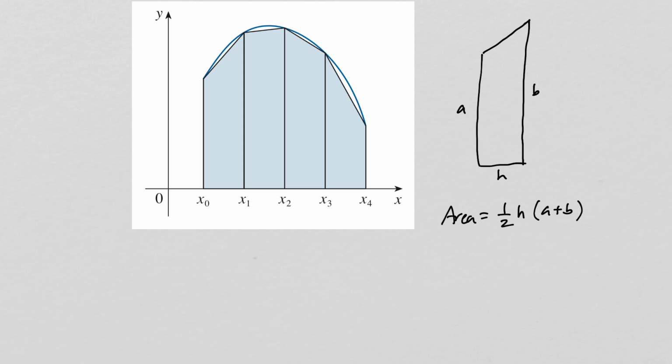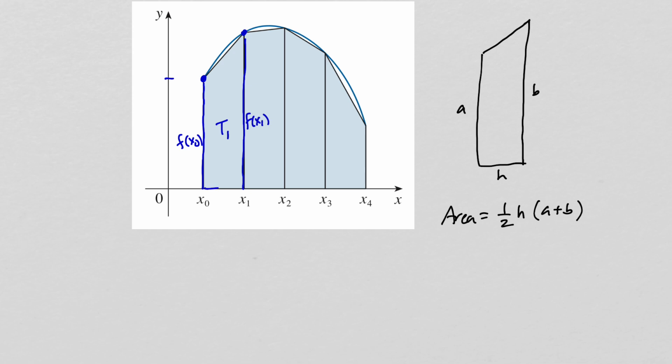Now, if you go to the trapezoids that we have here, you can see for the first trapezoid, which I'm just going to call T1, one of the bases is this value, and that is simply f of x0, right? That's this length here. And the other base is this value, which is f of x1.